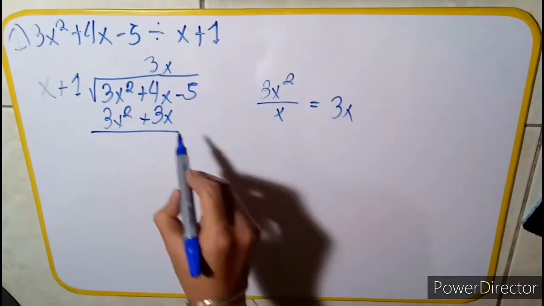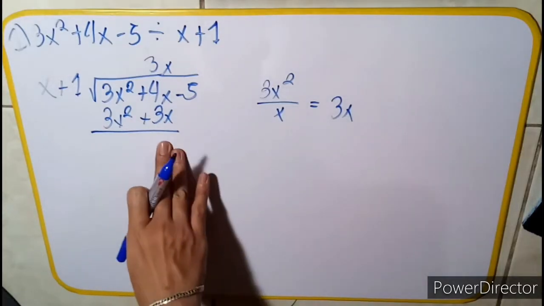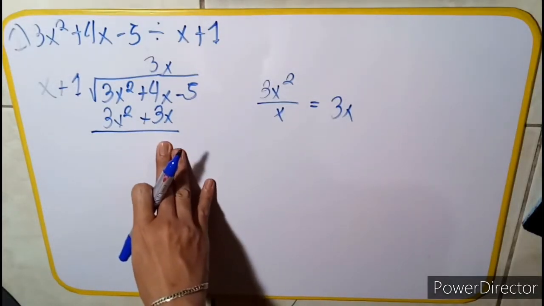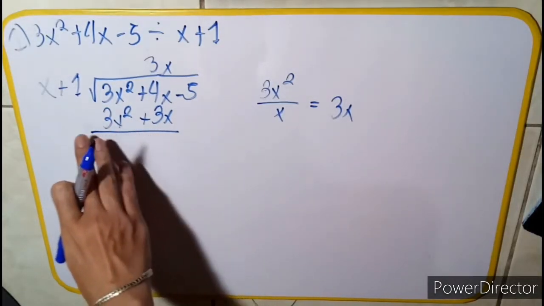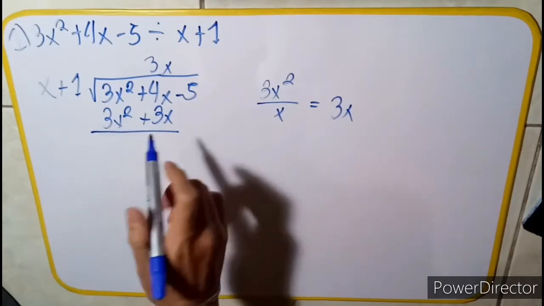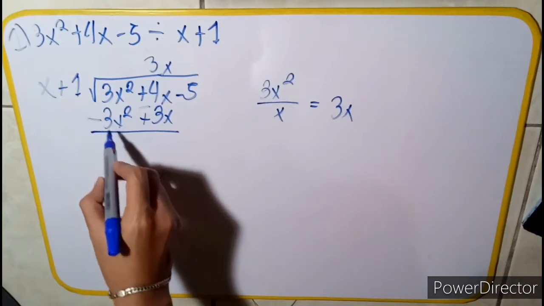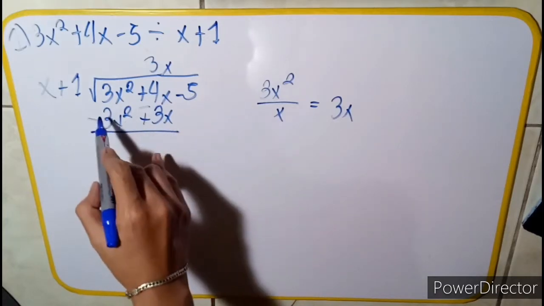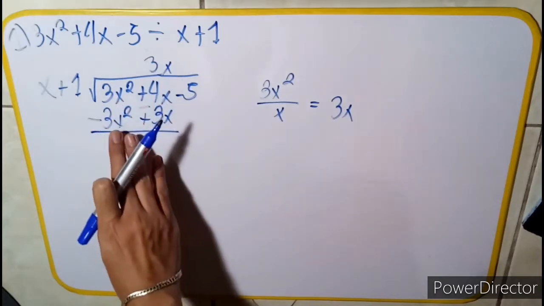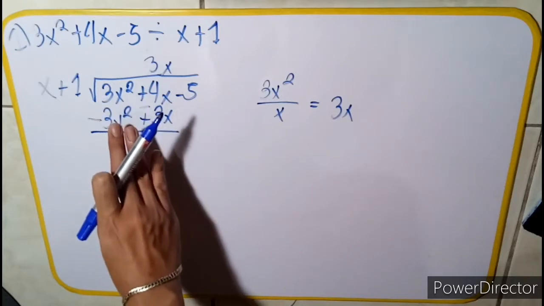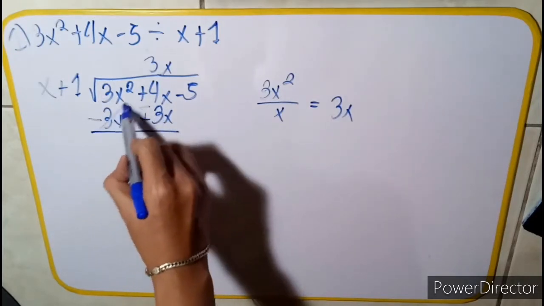Now we will subtract the result from the dividend and change the sign. This positive 3x will be negative 3x, then this positive 3x squared will be negative. Then 3x squared minus negative 3x squared will be cancelled.